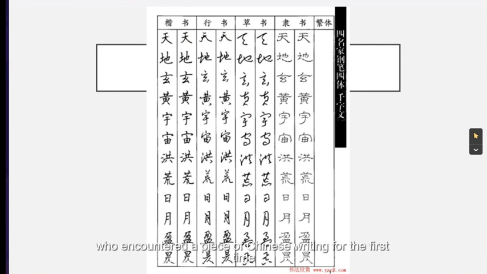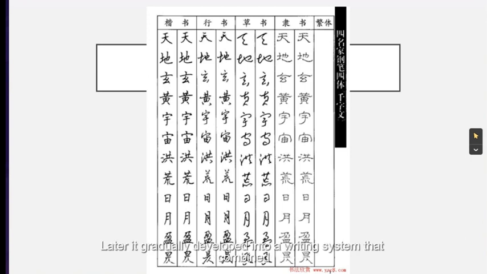People who encounter a piece of Chinese writing for the first time would not fail to notice the uniqueness of the Chinese writing system. The reason is that most characters are based on pictographic elements. The earliest Chinese characters we can now see are the inscriptions on bones or turtle shells for oracle purposes, 甲骨文.